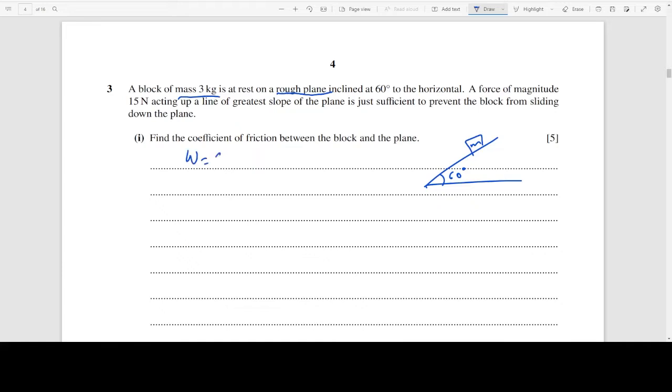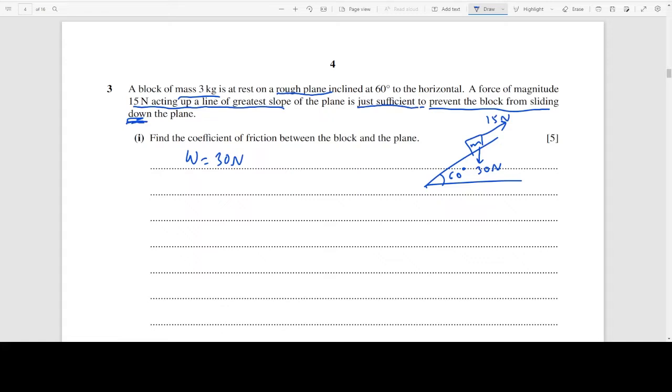A force of magnitude 15 Newton acting up the line of greatest slope of the plane is just sufficient to prevent the block from sliding. Wait, hold on. So first we have this mass 3 kg, so weight is 30 Newton. So up the slope we have 15 Newton. It says that it's just sufficient to prevent the block from sliding down the plane.